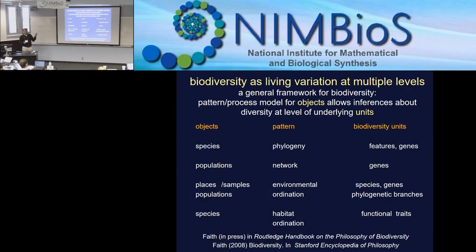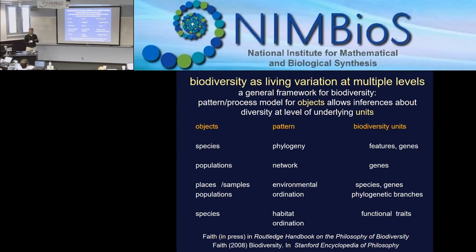So the other thing I think that is relevant to talking about genetic diversity is how we think about biodiversity more generally and what sort of general model we're considering. PD is in fact just one part of a general model. The way I think of it is that biodiversity is always quantifying variety. So we have a strict definition.